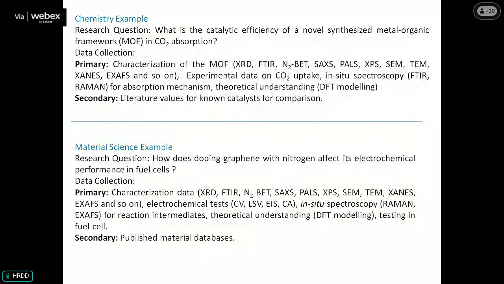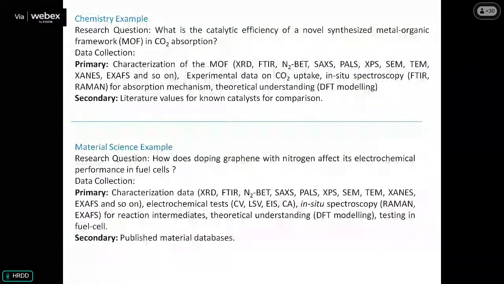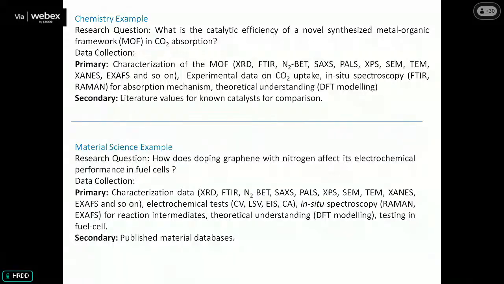तो इसमें अगर रिसर्च करना है कि केमिस्ट्री या फिजिक्स, both it is possible. So what data you will do if you design a novel metal organic framework.